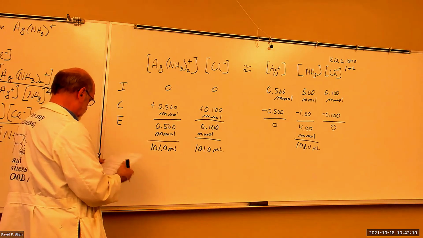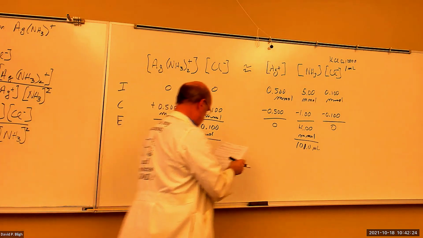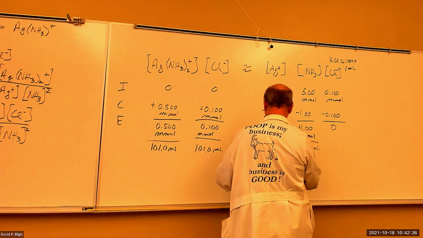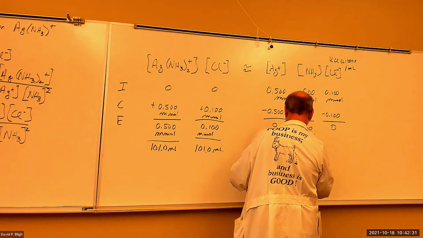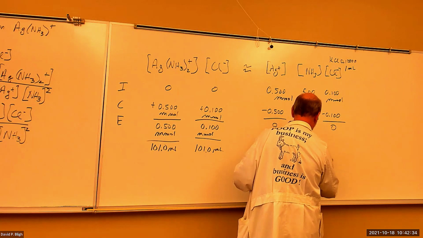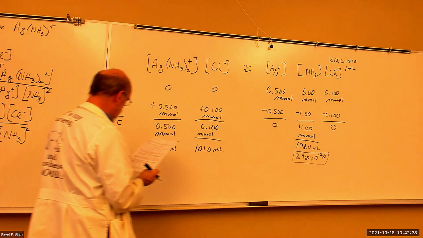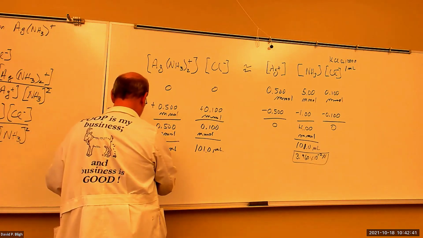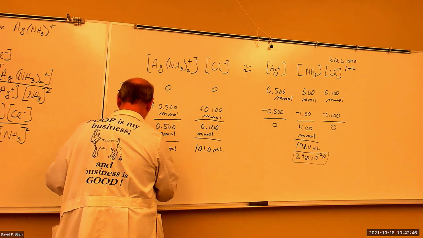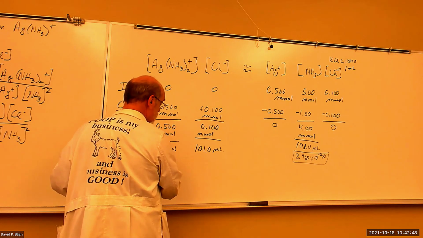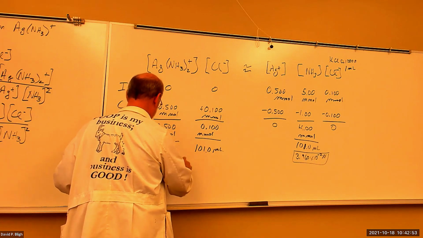So this one, ammonia here, 4 divided by this is 3.960 times 10 to the minus 2 molar at equilibrium. This one, divided by that, is 4.950 times 10 to the minus 3 molar.